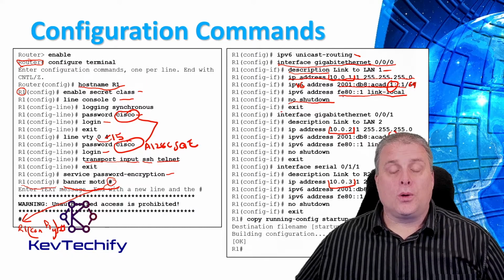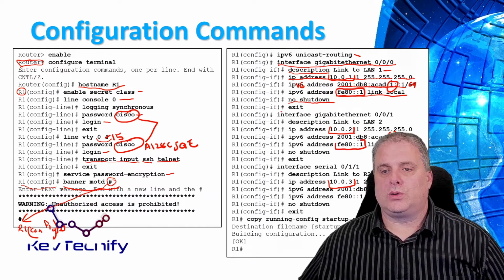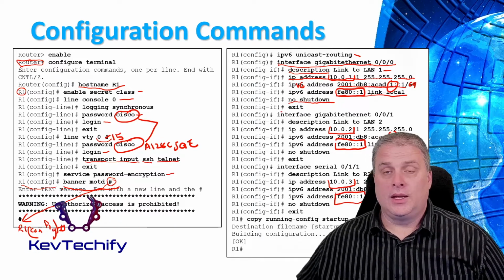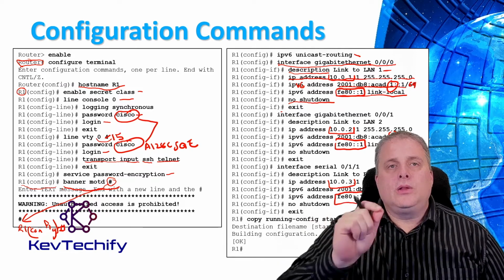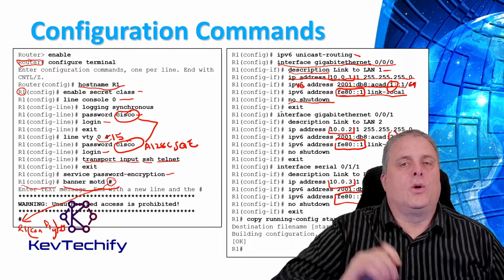But our link local addresses, they are the same. FE80::1. How can they be the same? Remember, a link local address is only valid on that local area network.